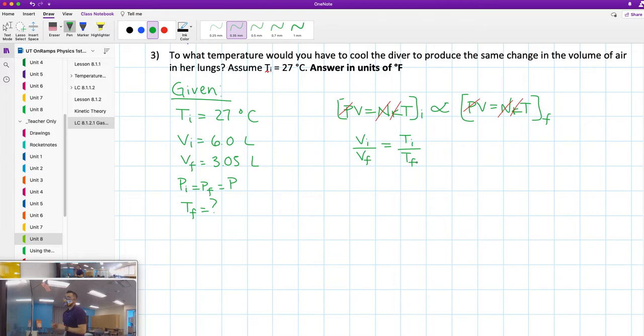Okay, now we need to solve for the final temperature. So let's do very simple algebra, multiply the final temperature on both sides. This cancels, so we have final temperature times initial volume divided by final volume equals initial temperature. I'm trying to find the final temperature.